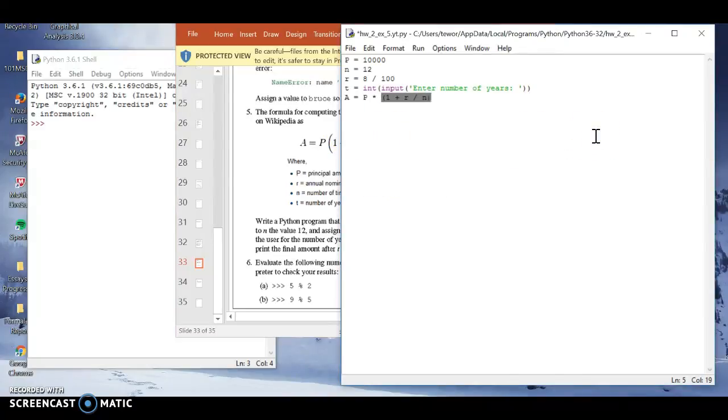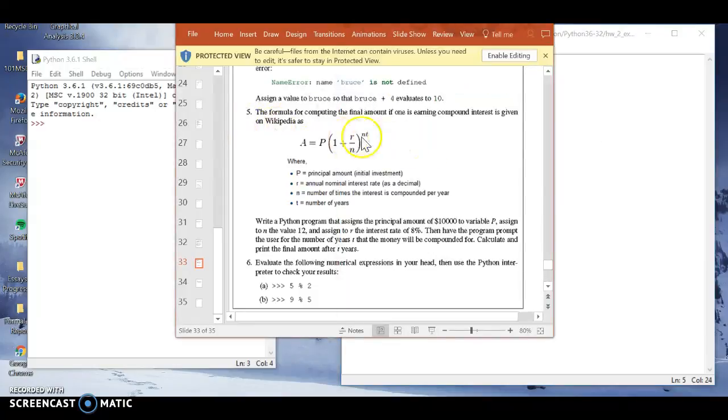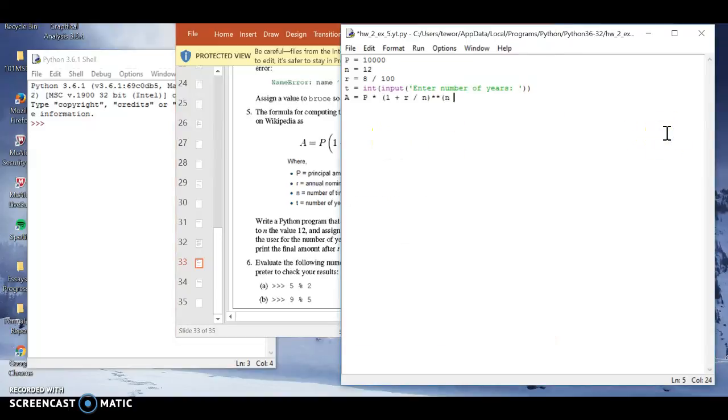And in order to do that, we have to use the double asterisk, and that gives us an exponential. And we say n, and we can't just say nt. The computer doesn't understand that. We're going to have to say n times t, parentheses close, and we're done with that.